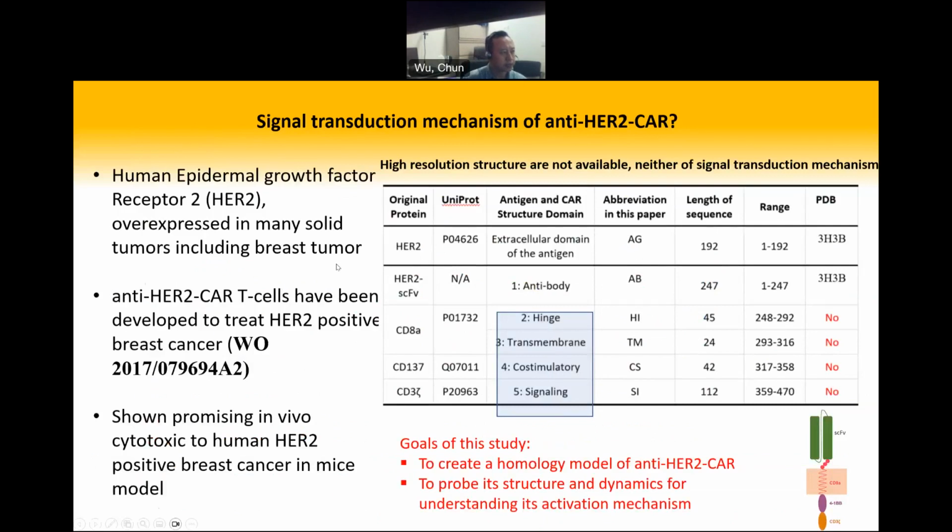The CAR we picked targets the HER2 receptor, which is a biomarker on many solid tumors.